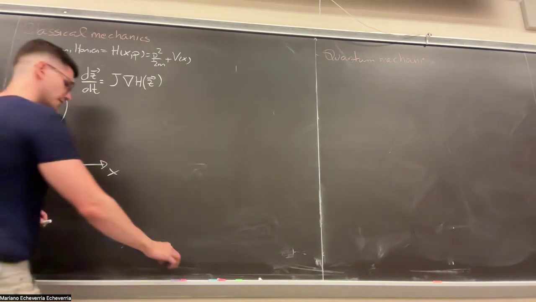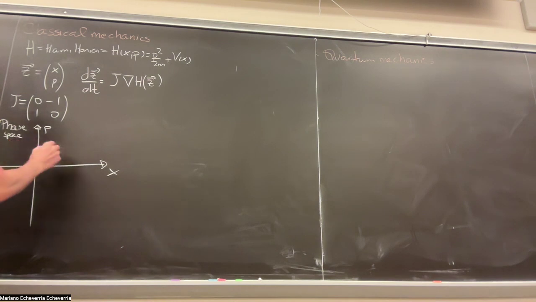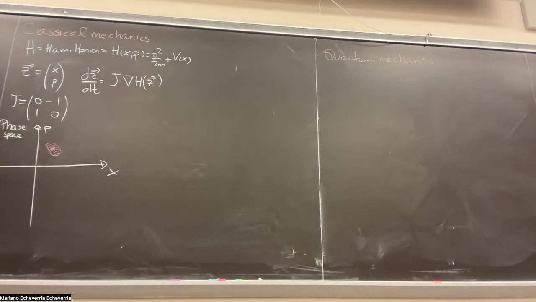And one of the things that I had told you is, let's suppose that you don't know exactly what the initial position and initial momentum of the particle are. Maybe you just know that it is somewhere in this region.